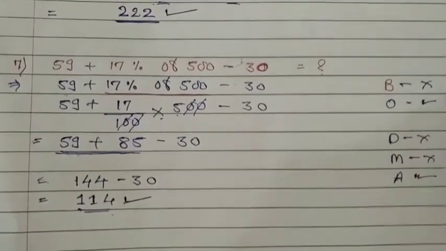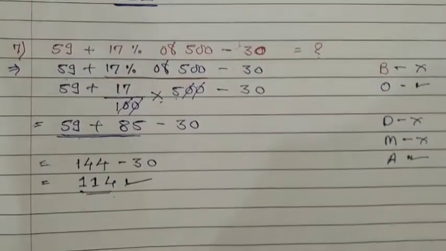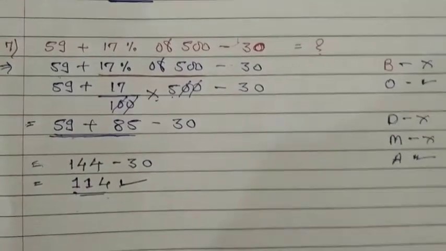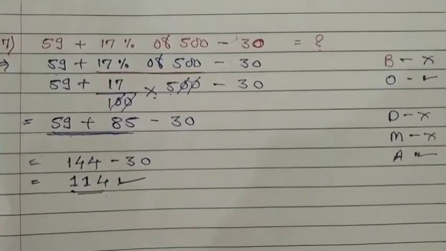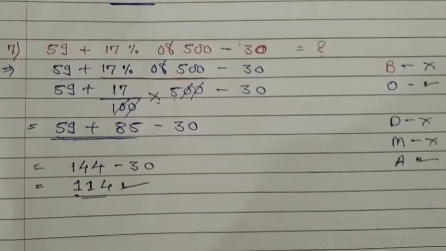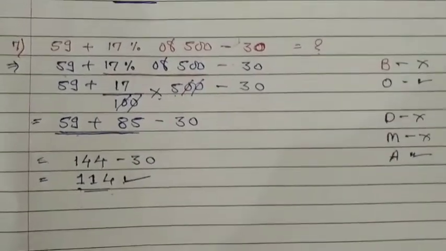Firstly we solve 17% of 500, that is 85. 59 plus 85, how much? 144 minus 30, difference of 30, that means 114 is our answer.